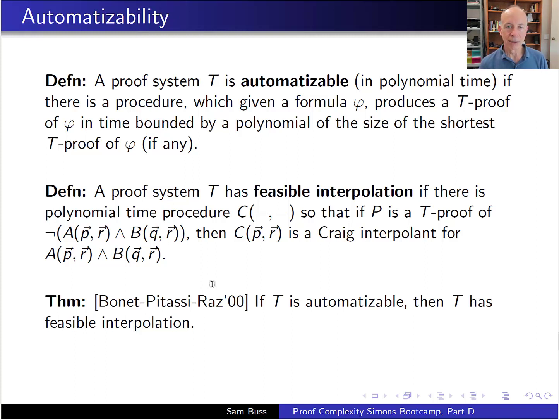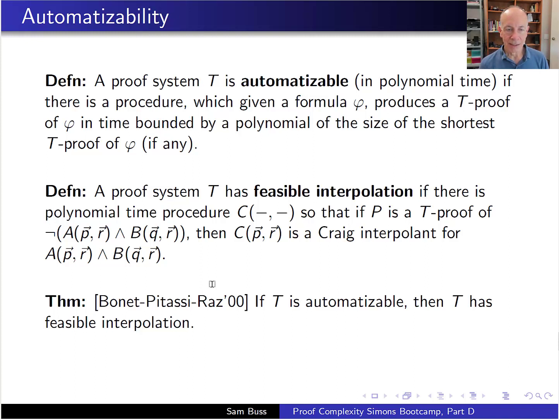We say that a proof system T is automatizable, and we mean typically in polynomial time, if there's a procedure which, given a formula phi as input, produces a T-proof of phi within time bounded by a polynomial of the size of the shortest T-proof of phi, if there is one. So it doesn't have to be polynomial runtime in the size of phi itself. It just has to be runtime in the size of the shortest T-proof of phi.